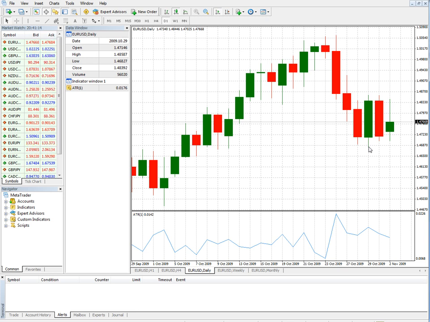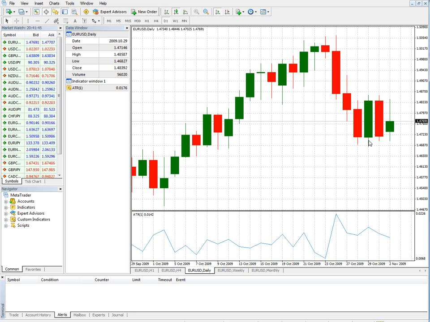That's 176 pips, and that is near our risk parameters. What we'll do is we'll buy on a breakout of this bar plus 3 pips, and we'll sell on a breakout of that low minus 3 pips.